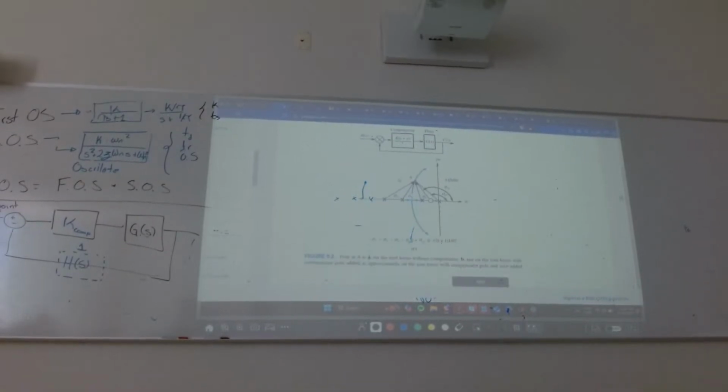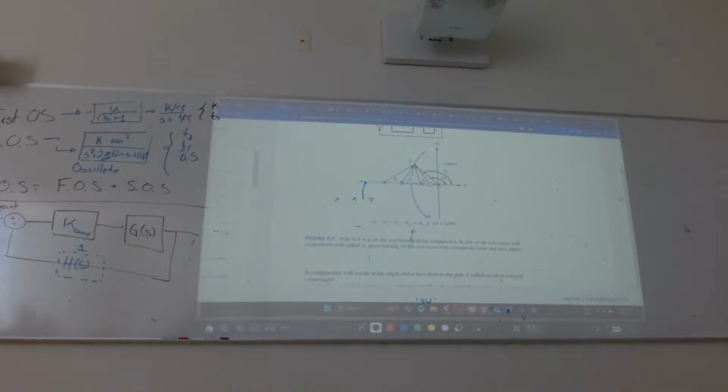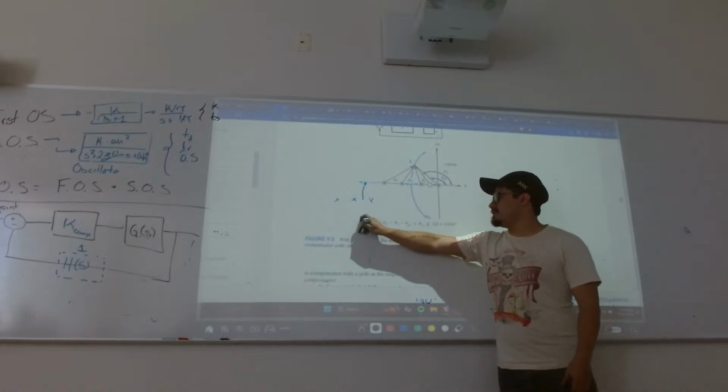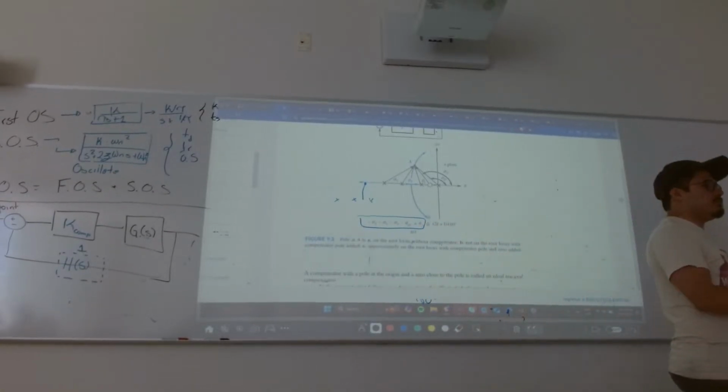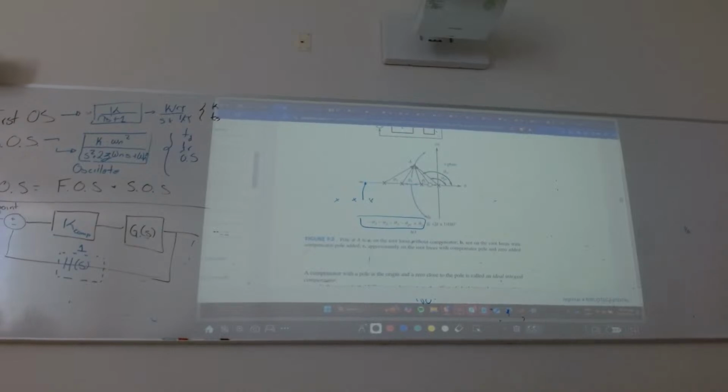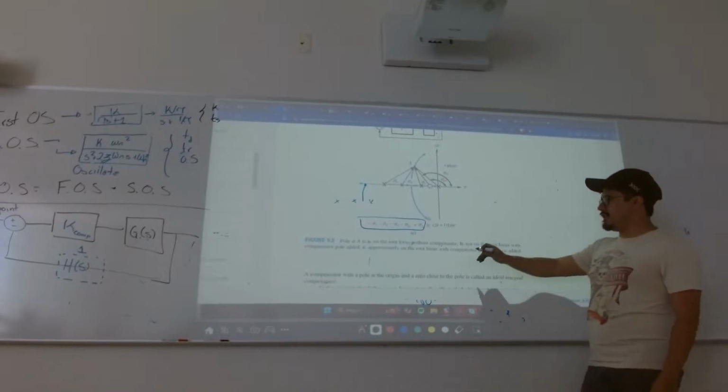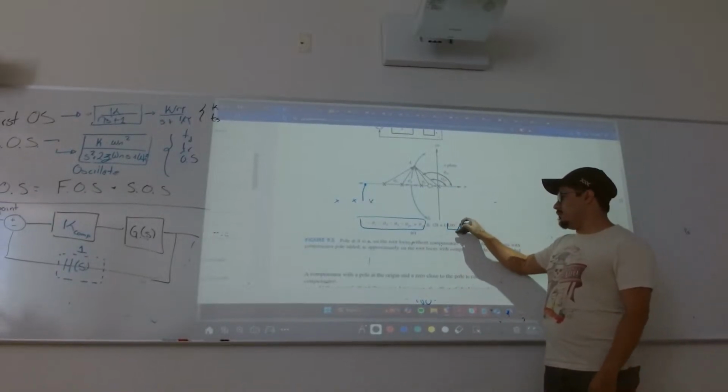Now, as you can see, he uses phases or the angles to achieve this value. And this property came from what I told you just now. The addition of the angles of the poles minus the angles of the zeros should give me a multiple of 180.